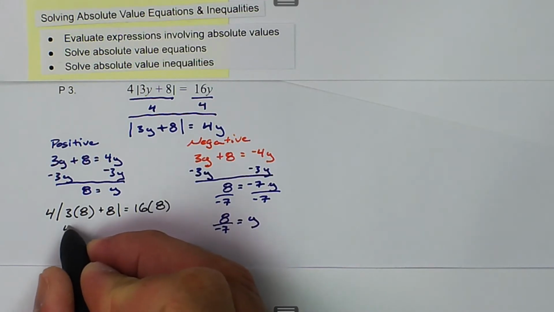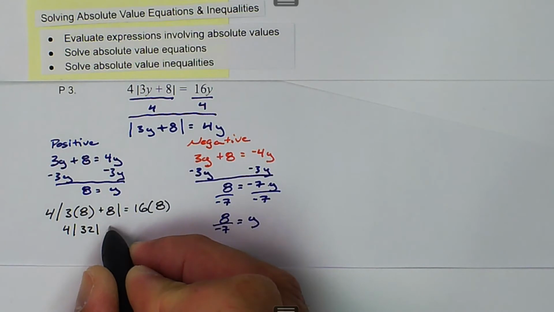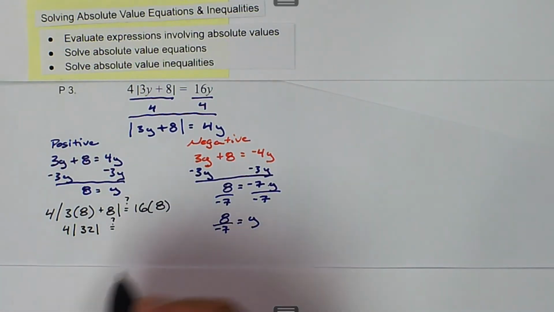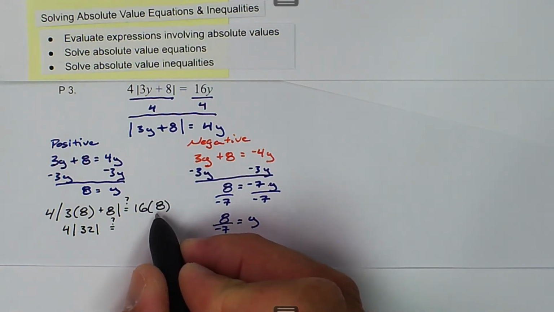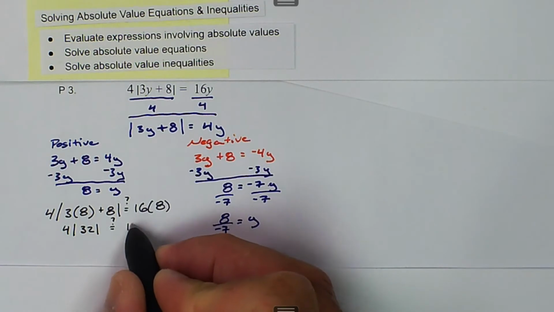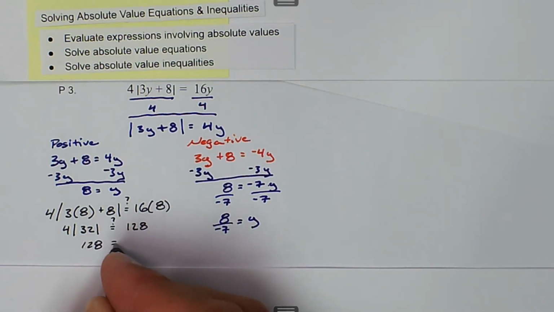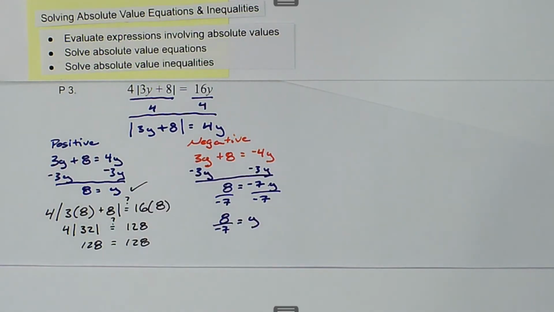So that's going to be 4 times the absolute value of 32 is equal to, and we're checking to see if this is correct. On the right side, 16 times 8 is 128. Absolute value of 32 is 32, so 4 times 32 is 128 is equal to 128. So 8 is a solution.